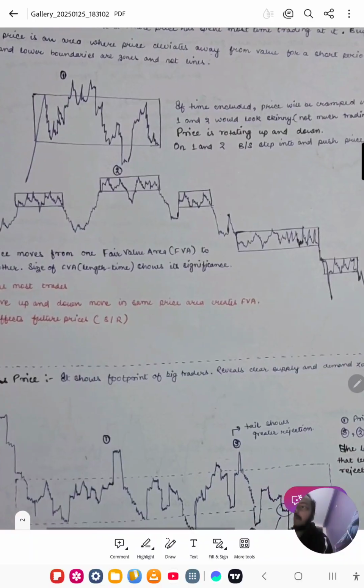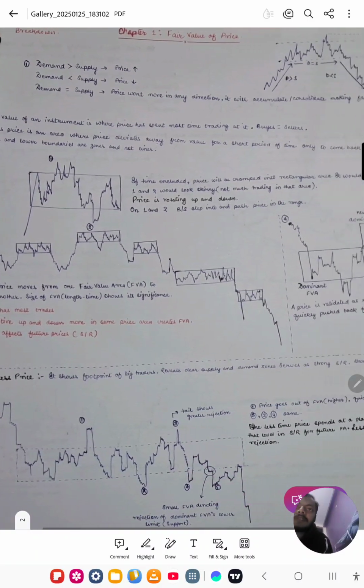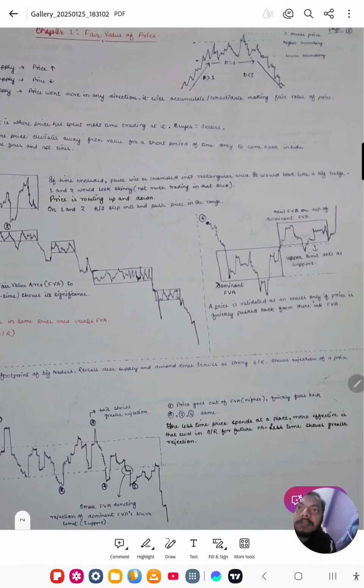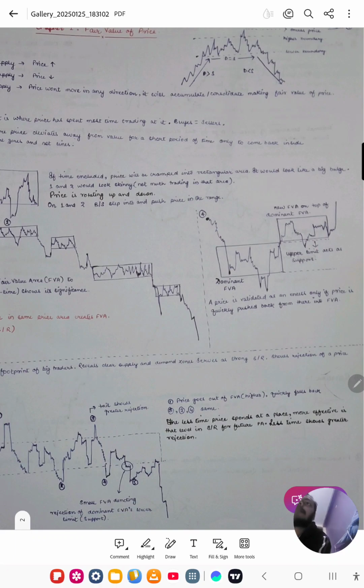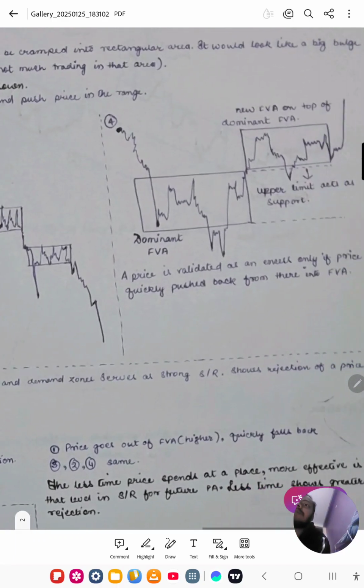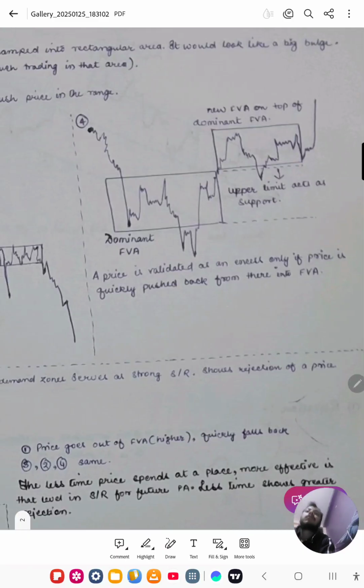Let me see what else is included. Okay, I was mentioning that these fair value areas are often territorial, meaning they will have value even after price has been rejected or has gone out of them.